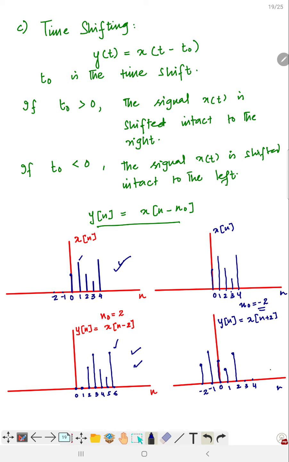You're not losing any information. Please mind it, you're not losing any information in shifting because your waveform is intact. The only thing is it is being shifted along the time axis by some amount, either to the right or to the left. We'll stop here. Further discussions will follow in the next videos.